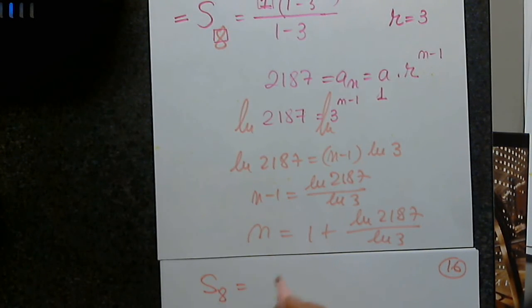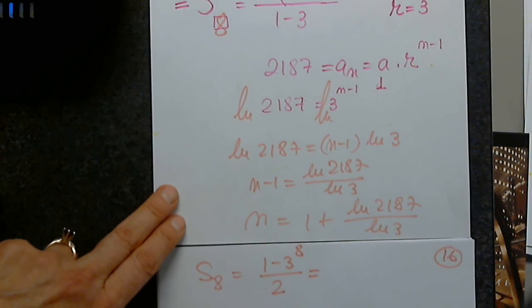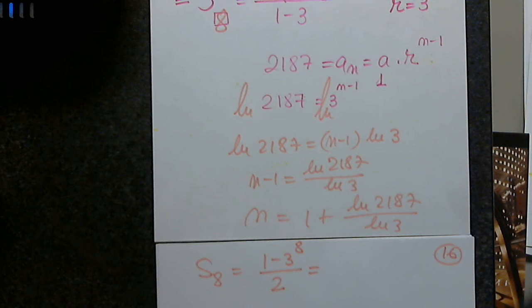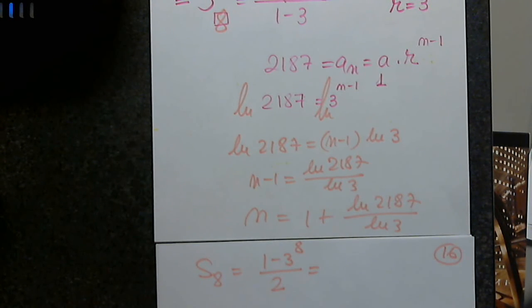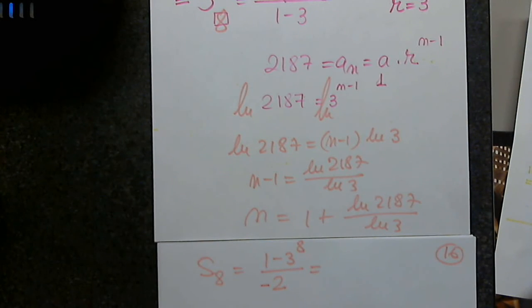So it's S sub 8, which is 1 minus 3 to the 8th power over 2. Something is wrong. It cannot be a negative number. Yes, because I wrote positive 2 instead of negative 2 in the denominator.